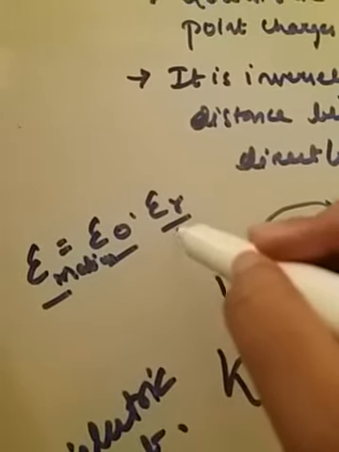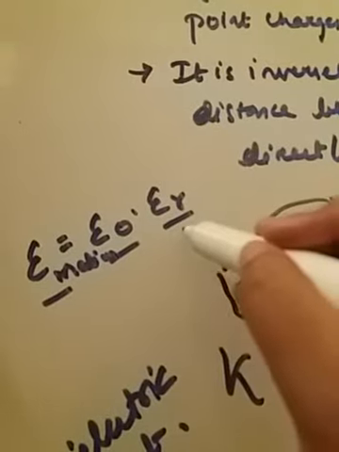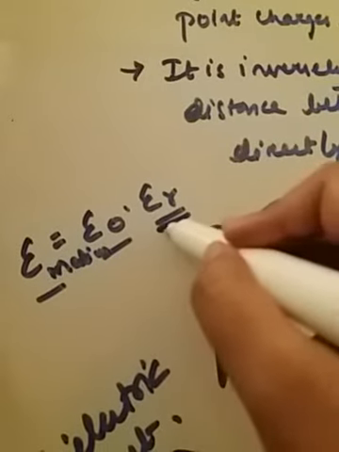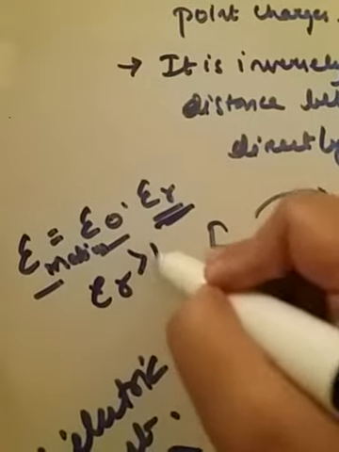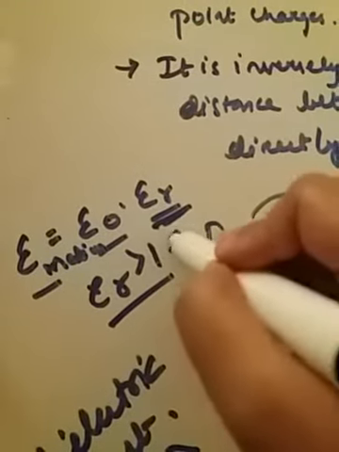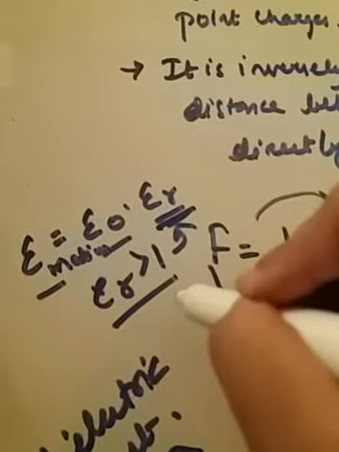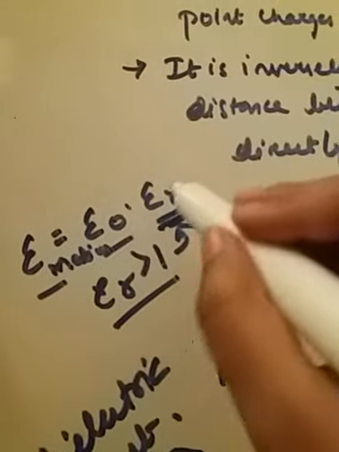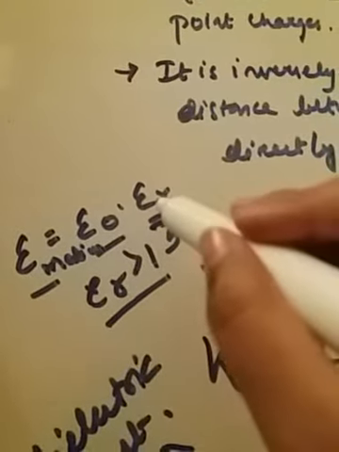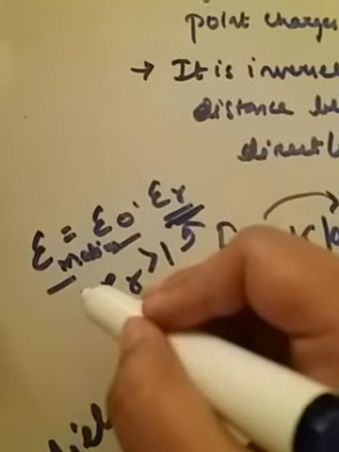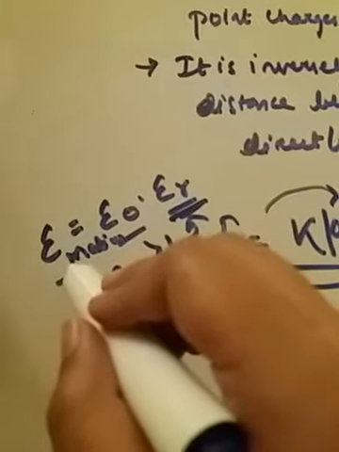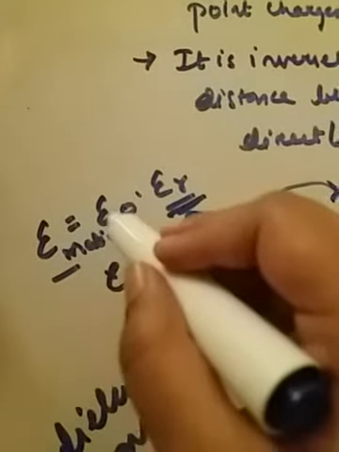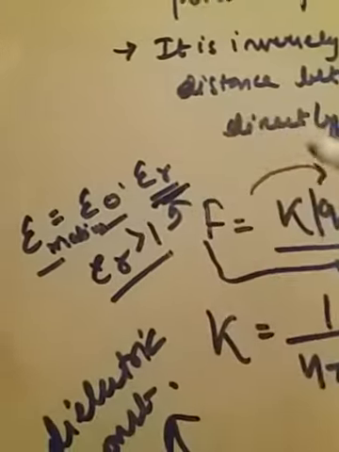This epsilon r is the relative permittivity of the medium, and this is dimensionless. Epsilon r is always greater than 1 in this case, and is also denoted by K or the dielectric constant of the medium. So the permittivity of the medium will be epsilon is equal to epsilon naught into epsilon r.